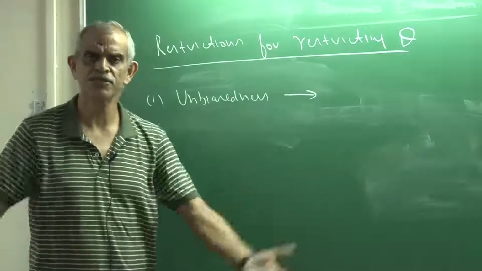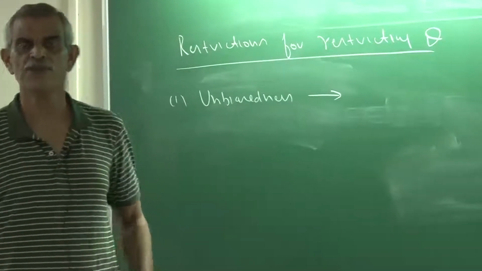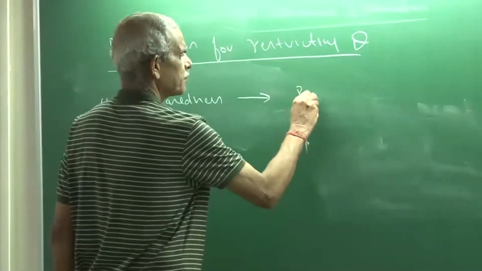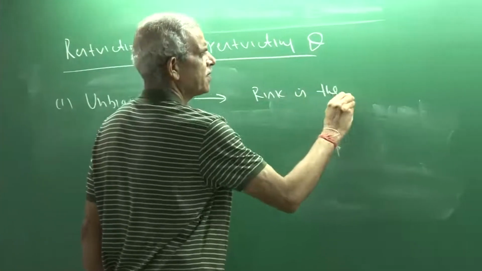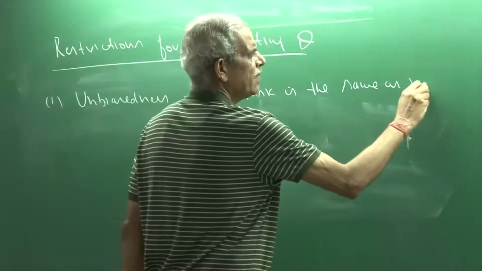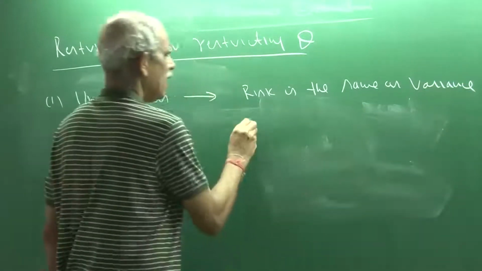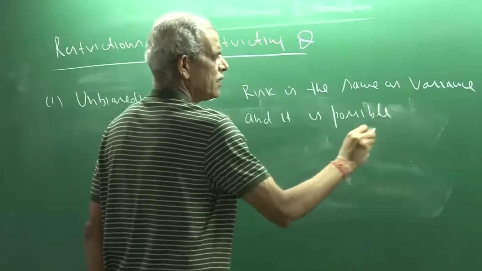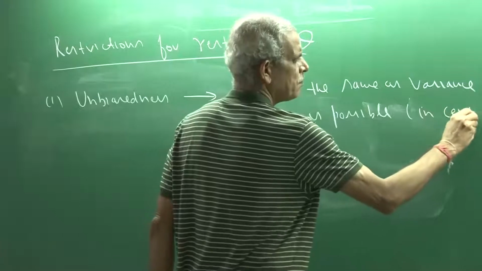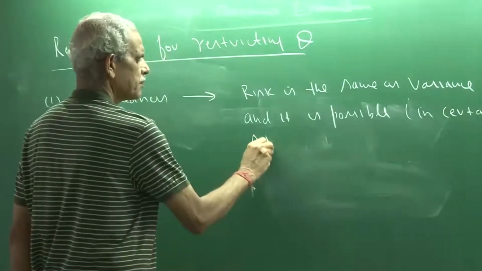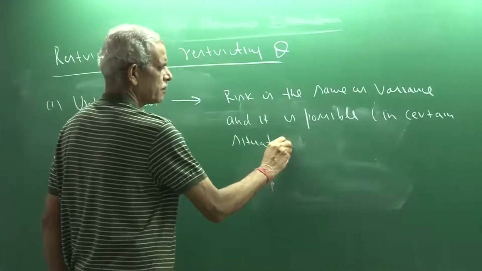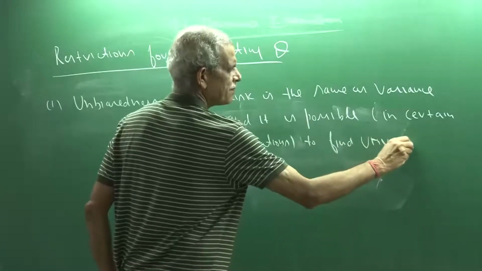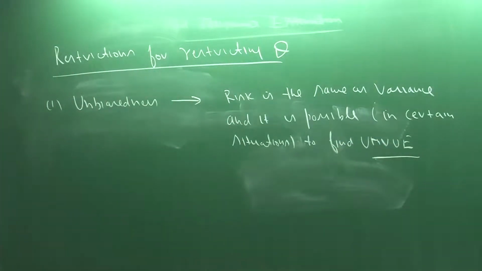And then we saw that in certain situations, it is possible to find the estimator with the smallest risk. So in this case, risk is the same as variance, and it is possible in certain situations to find the UMVUE, the uniformly minimum variance unbiased estimator.